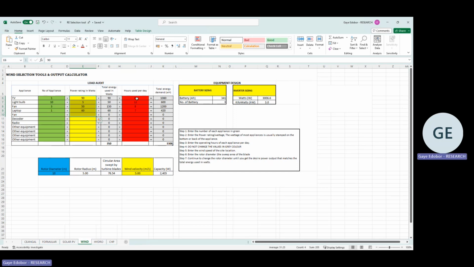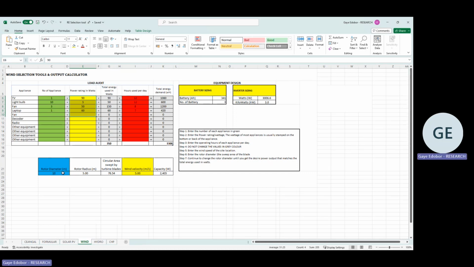By doing these first three steps, we'll have the total wattage of all the appliances. Similarly, we'll have the total energy demand per day in watt hours. In this case, we have 3,300 watt hours, which is 3.3 kilowatt hours when converted.